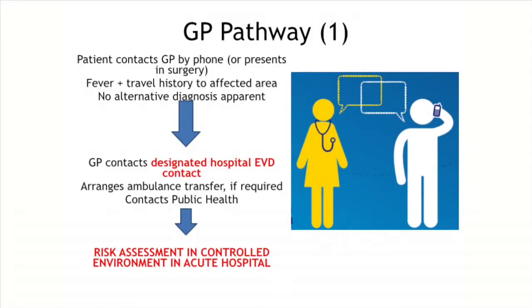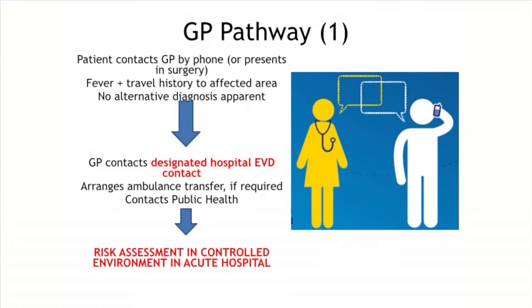So let's look at the GP pathway first. Ideally a patient has contacted the GP by telephone, but it may also happen that the person would present in the GP surgery. They present with fever and a travel history to an affected area, and there's no obvious alternative diagnosis. The GP then has the opportunity to contact the designated hospital EVD contact. Now, this is a crucial point.